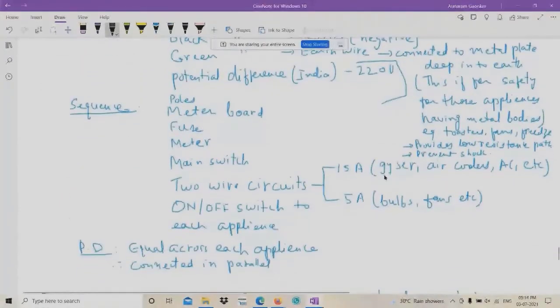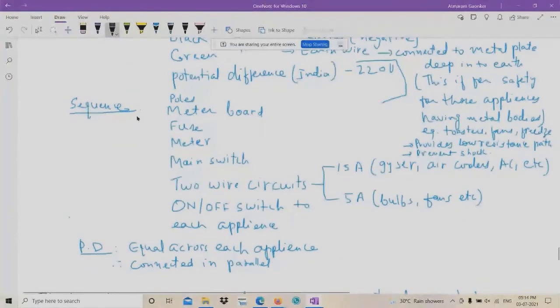With that, let us see the sequence of how the power supply comes. Power supply comes from overhead lines running from the poles or from underground cables, and from there it comes to the meter board. At the meter board it comes through the fuse or circuit breaker, then goes to the meter, then to the main switch, and from the main switch there will be two circuits.